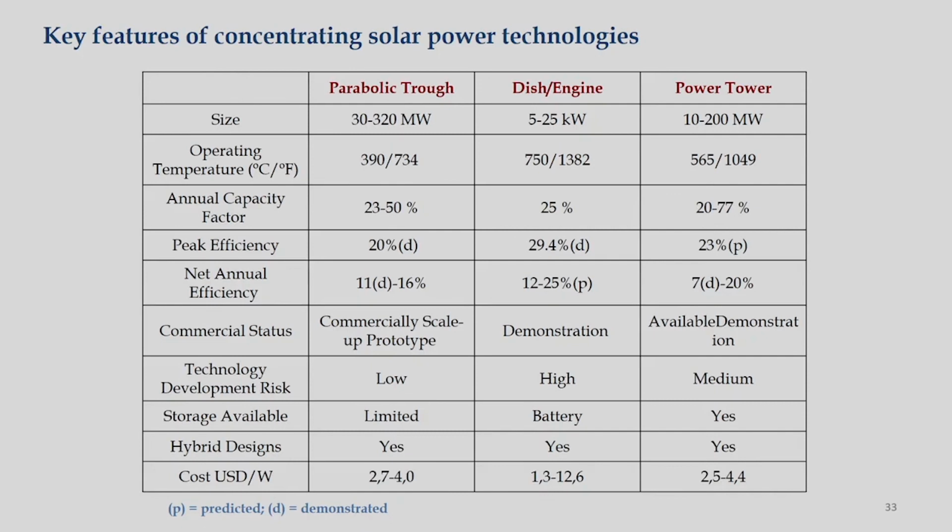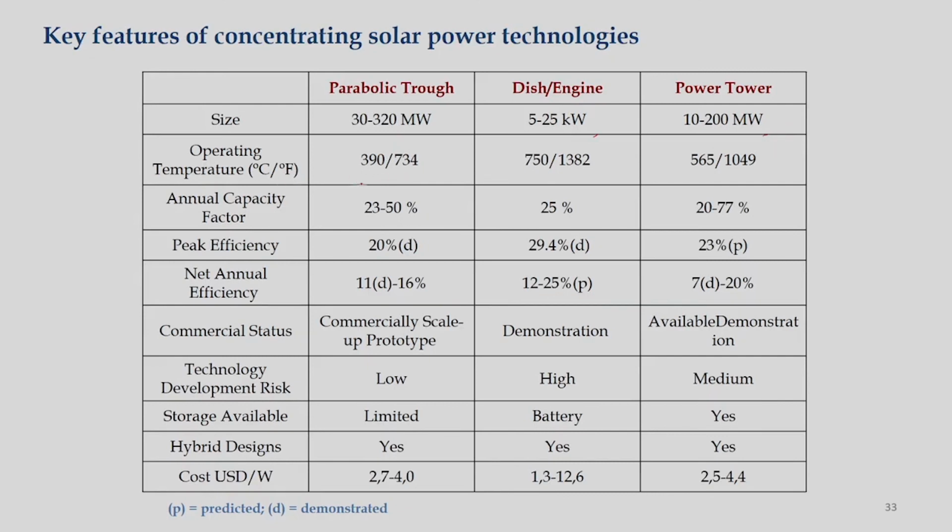This slide shows the comparison of the three most important concentrated solar power technologies. Parabolic trough goes in size from 30 to 320 megawatt. The dish engine goes 5 to 25 megawatt for a single unit, and power tower can go 10 to 200 megawatt.